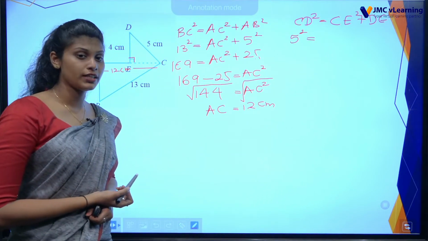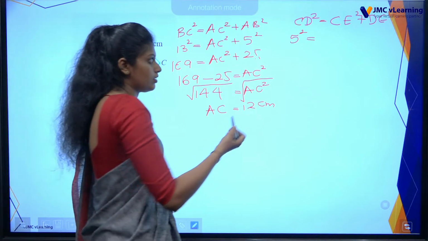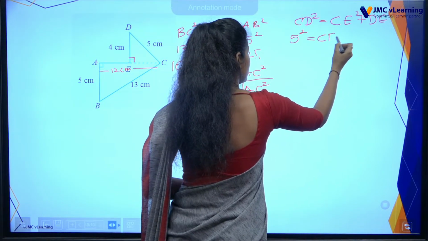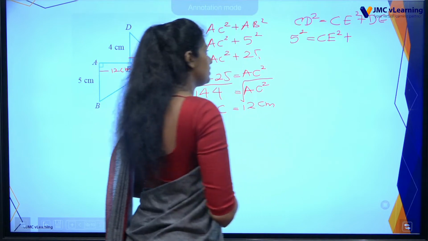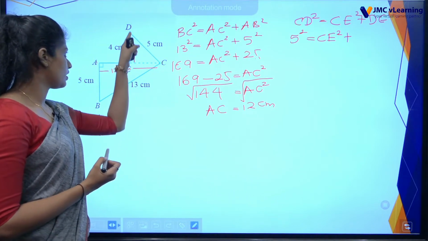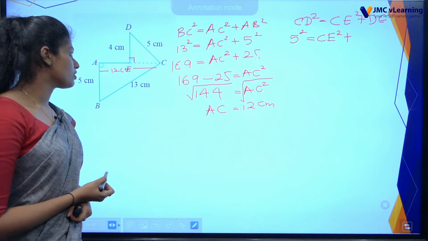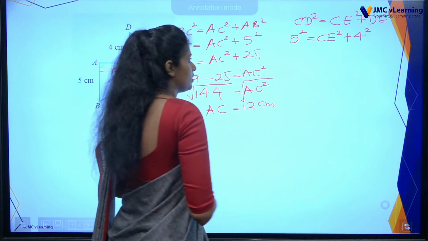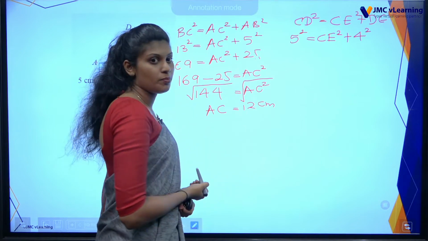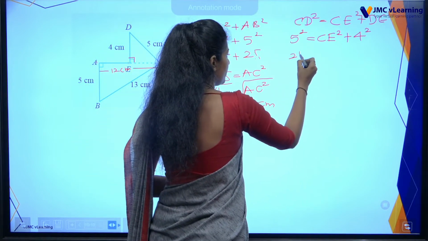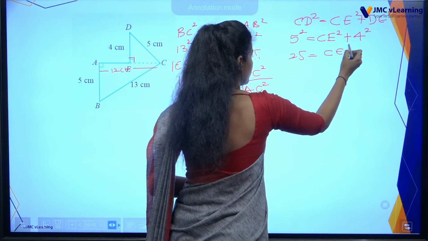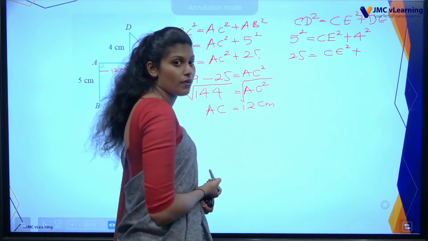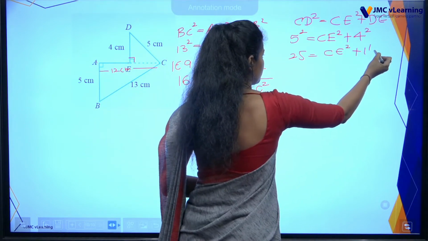CE, we have to find the length of CE. So here let's write CE squared. Add DE. DE is 4 centimeter. Here 4 squared. Then let's simplify. 5 to the power 2, 25. Here CE squared. Add 4 to the power 2, 16.